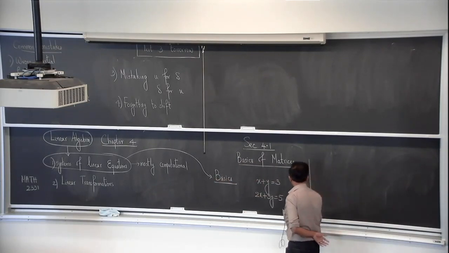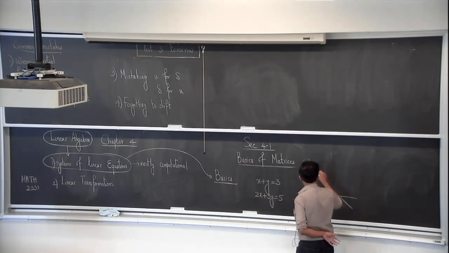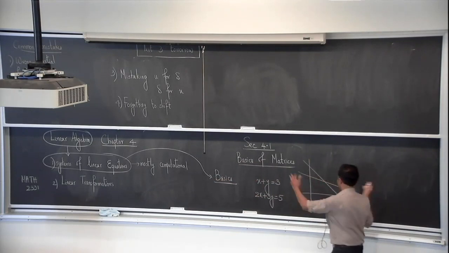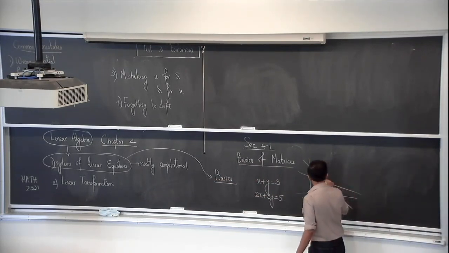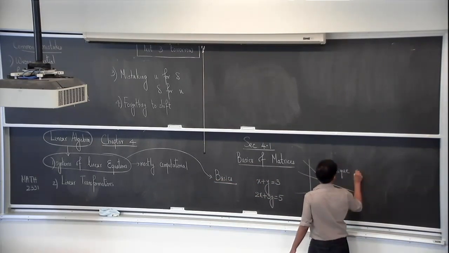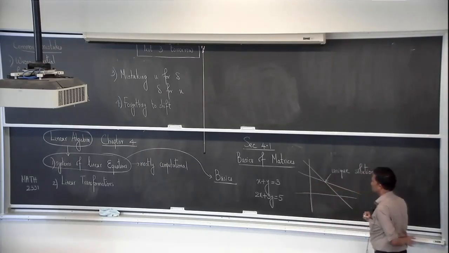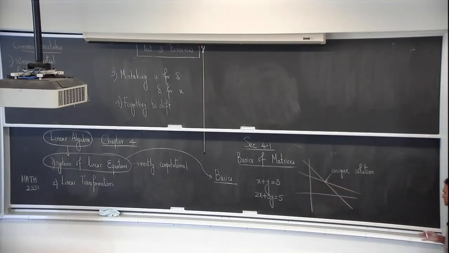So these are two straight lines in the xy plane, and they intersect at one point, hopefully. That is your unique solution. Two straight lines, if they intersect, will always intersect at a point.